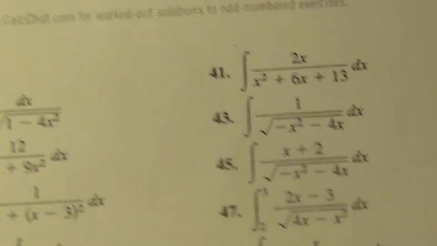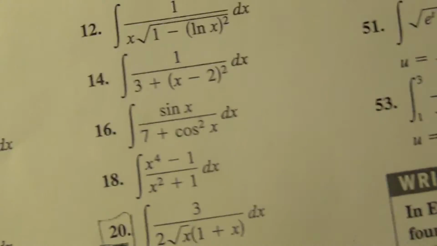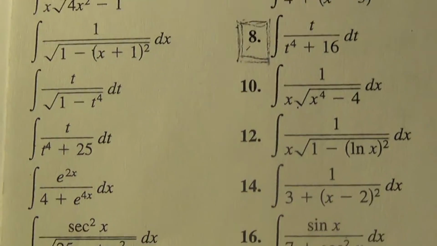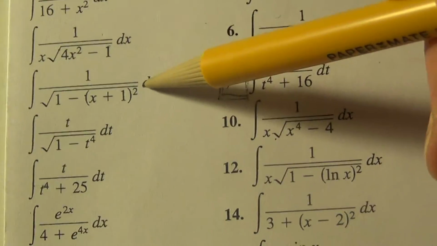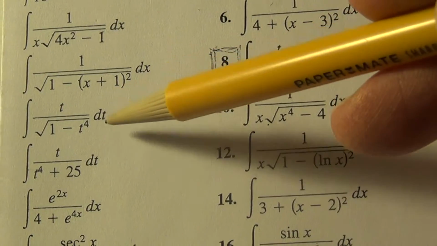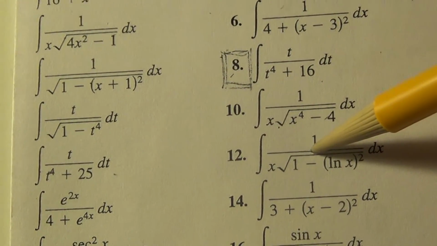So these are the ones where I think the numbers were cut off. So we will do, where's 7? 7, right there. 7, 8, 9, 10, 11, and 12. So let me put a box around them.